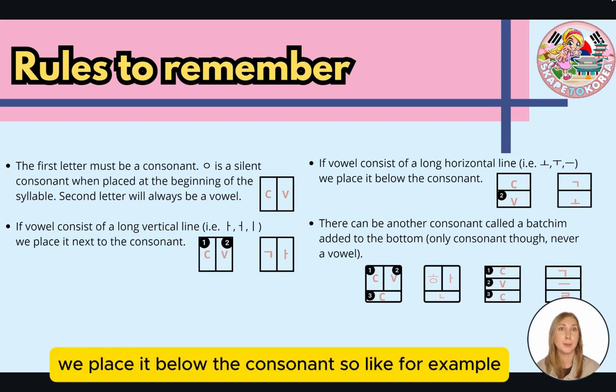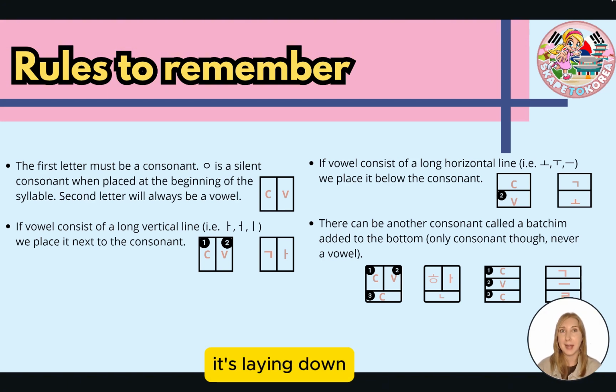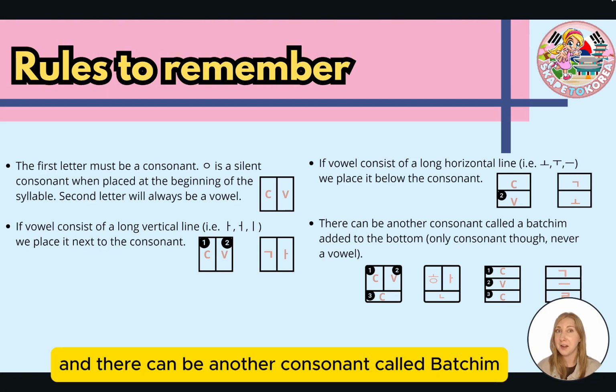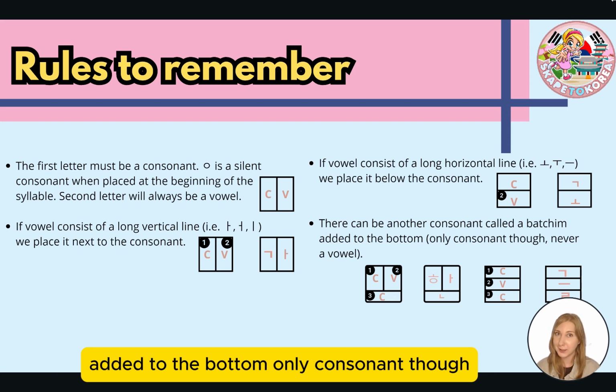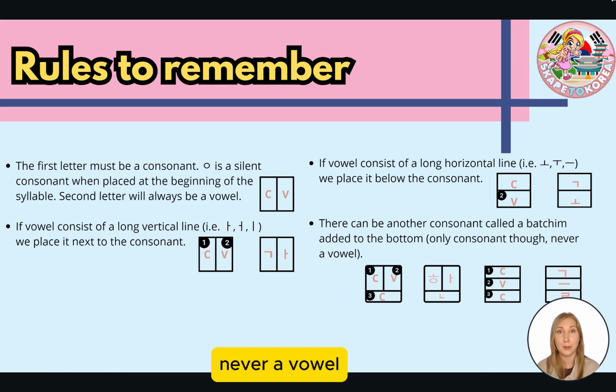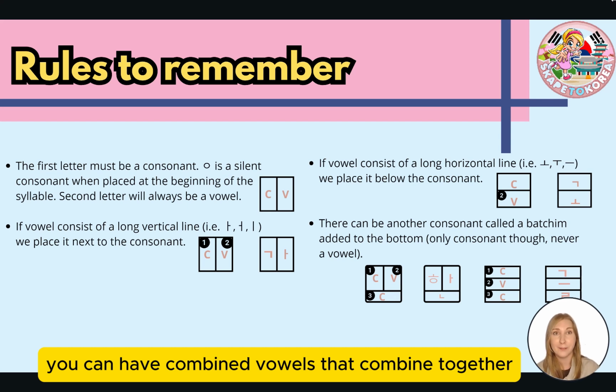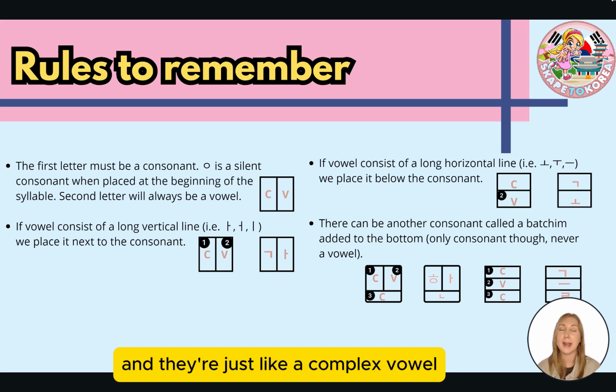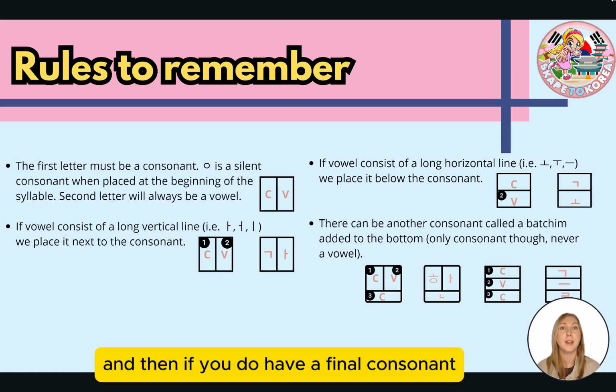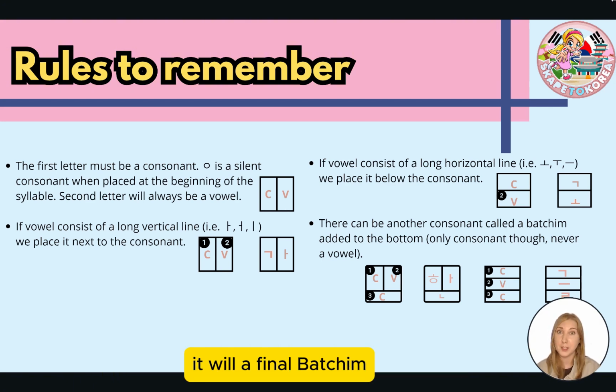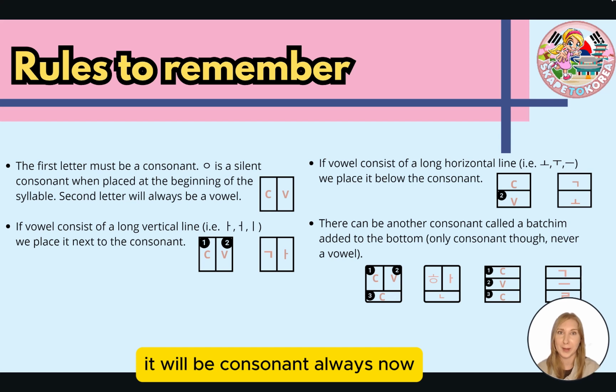Like, for example, in ko, it's laying down. And there can be another consonant called Batchim added to the bottom. Only a consonant though, never a vowel. You can have combined vowels that form a complex vowel, but it's still going to be consonant, vowel. And if you do have a final Batchim, it will always be a consonant.